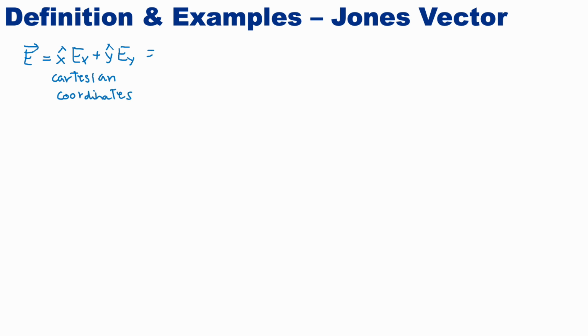So we know here that every coordinate is going to have an initial amplitude with the corresponding delay, and we're going to have exactly the same for the y component. And the Jones vector idea is that we're going to write these two components in terms of a vector.